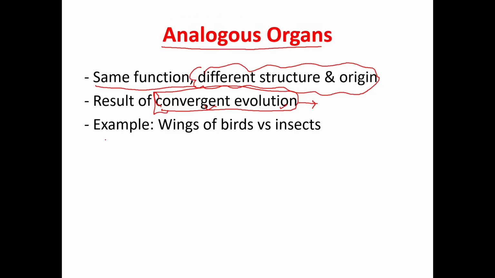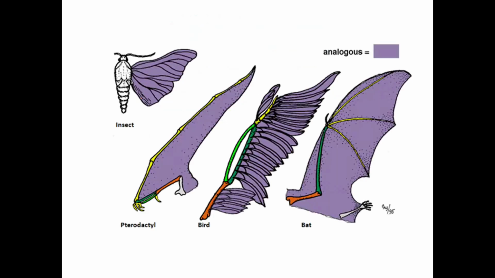Let's take an example of analogous organs: wings of a bird versus an insect. As you see in the picture, this is the insect's wing, this is a pterodactyl, this is a bird, and this is a bat. All of them do a similar function, flying, right? But the origin and the setup of bones differ in different animals.